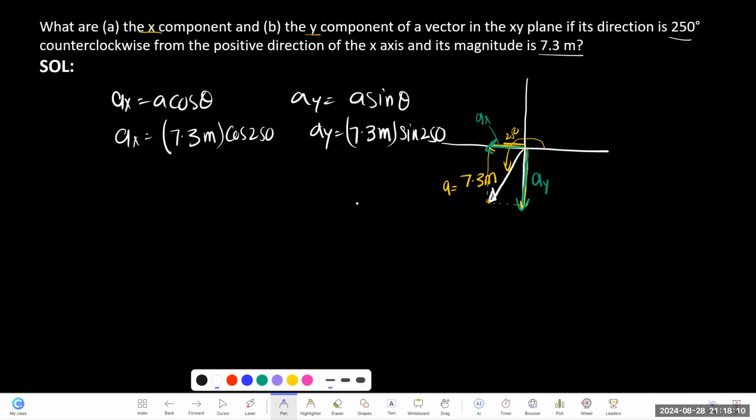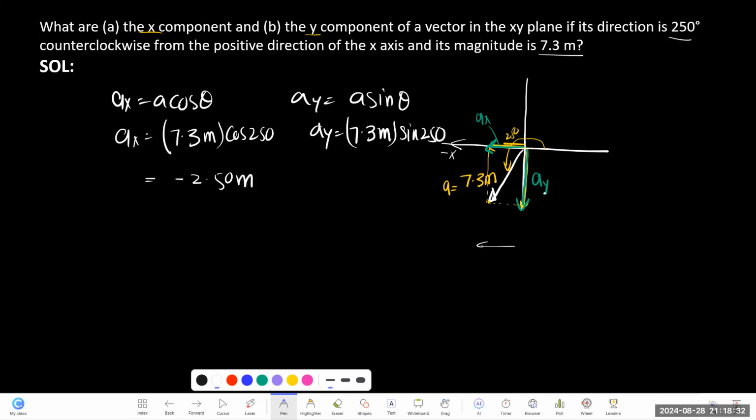If I multiply and get the answer, it's minus 2.5, telling me it points toward the negative x direction. So my AX should be negative.